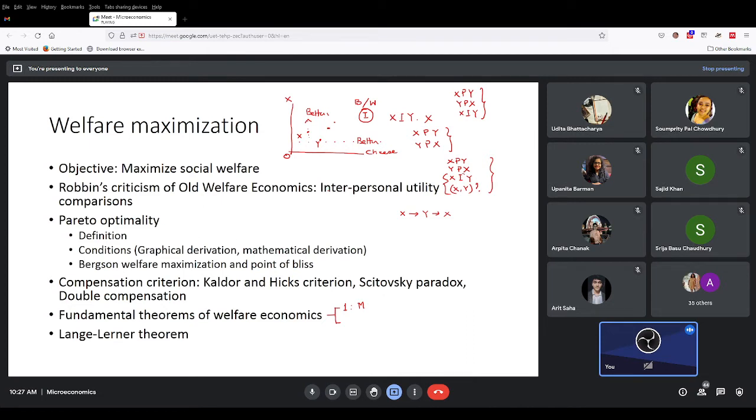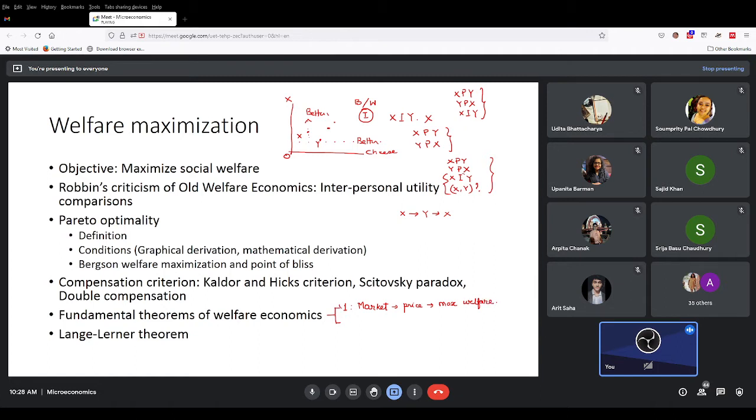If you have a market and you have a price system, then this will automatically ensure that the activities of all selfish people are coordinated and social welfare is maximized.